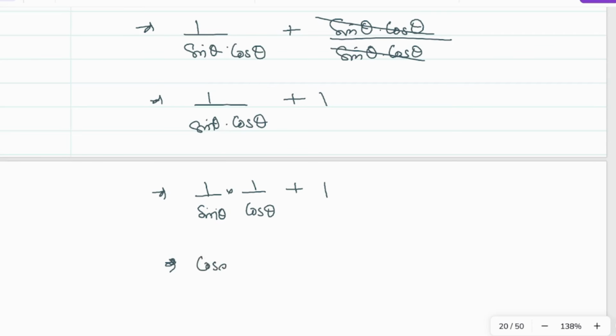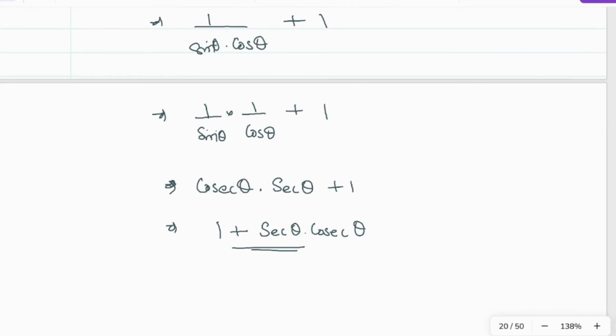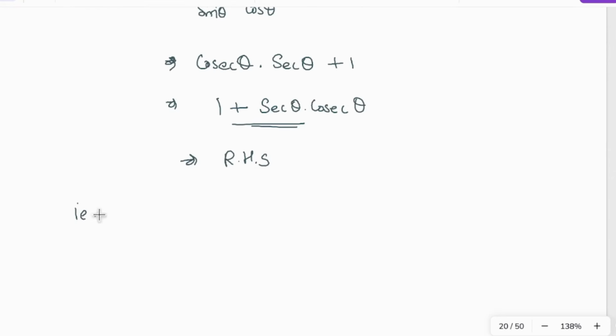It is cosec theta. 1 by cos theta is sec theta, plus 1. So I can rewrite this equation as 1 plus sec theta into cosec theta, which is our RHS. Therefore LHS equal to RHS.